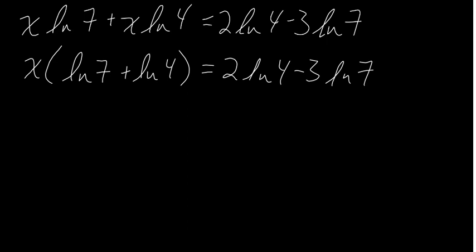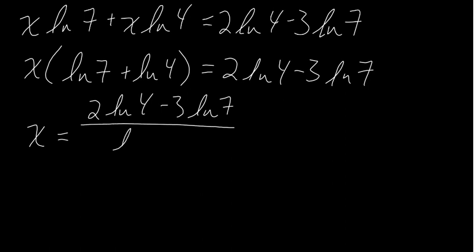This gets pretty thick pretty fast, huh? And lastly, we're going to divide both sides by this so I can isolate the x totally. So I'll have x is equal to 2 natural log of 4 minus 3 natural log of 7, all over natural log of 7 plus the natural log of 4.